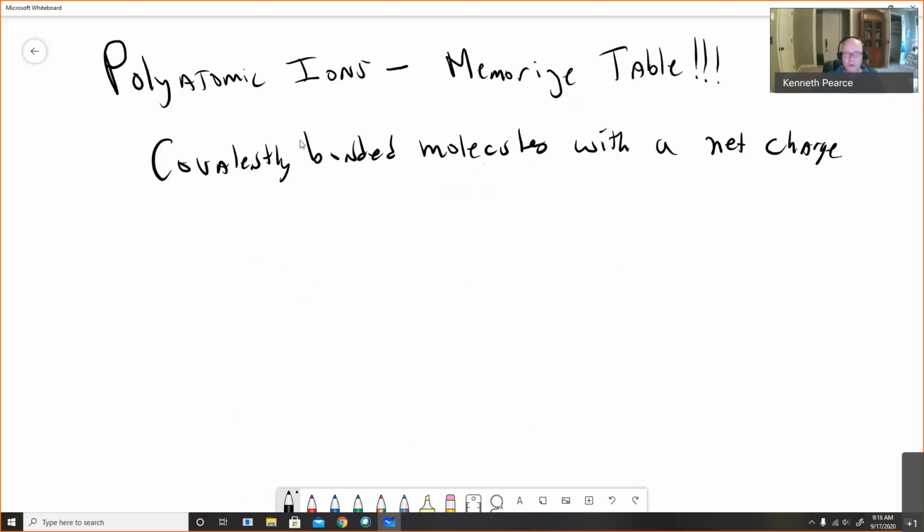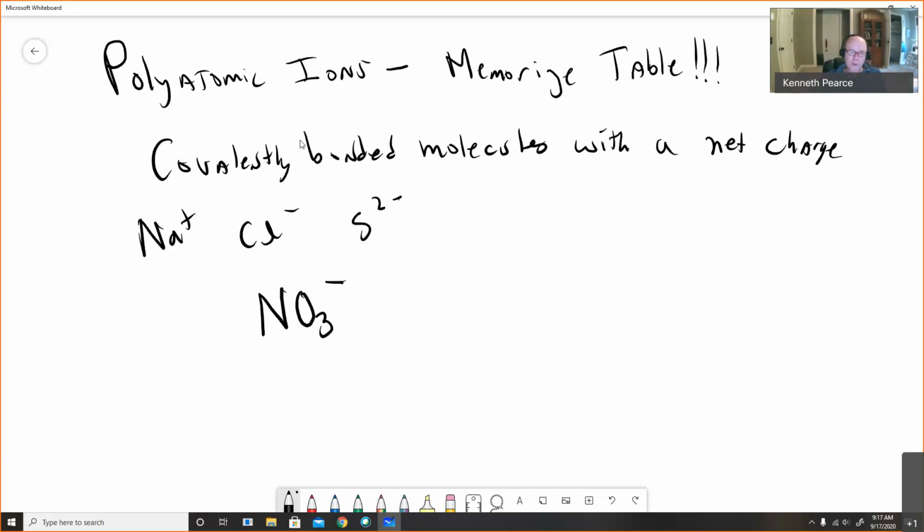Now, so far, what we've been dealing with are things like atoms, like sodium plus, chloride minus, sulfur 2 minus, which we just did. Those are atoms. Polyatomics, on the other hand, look like this. That's a polyatomic ion.